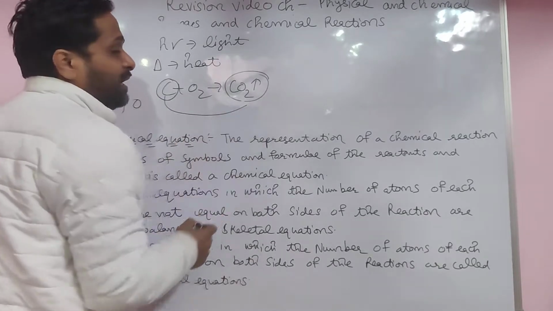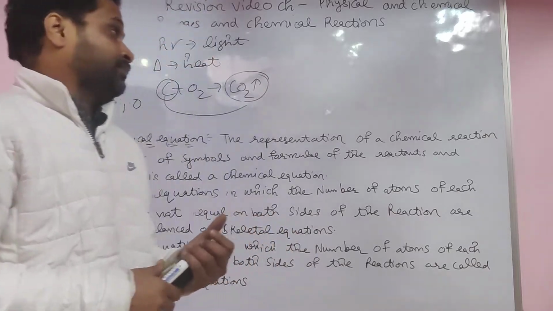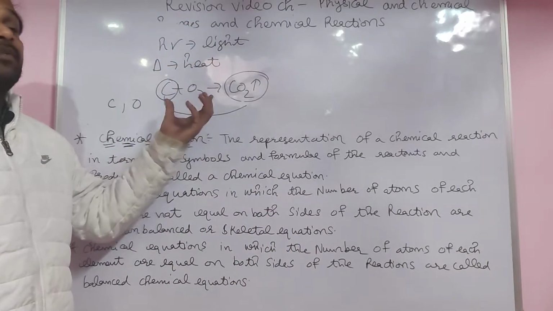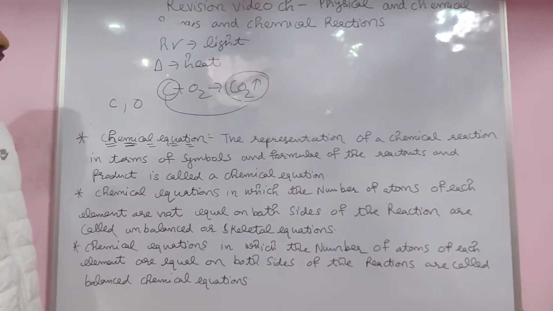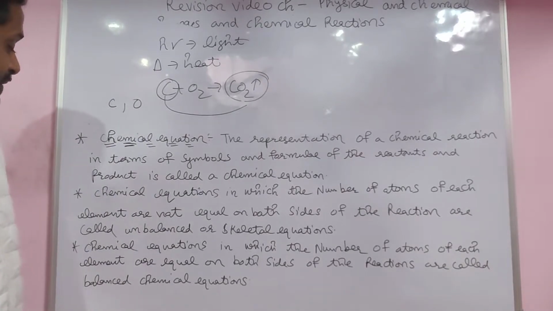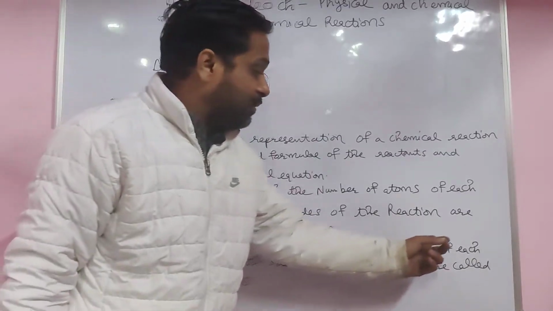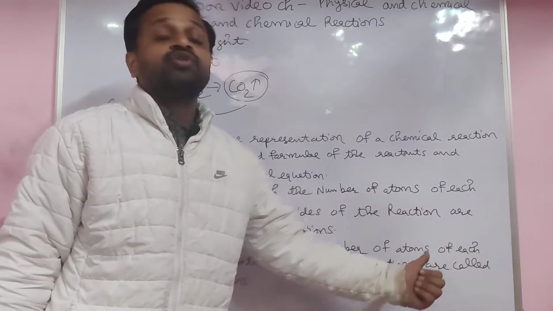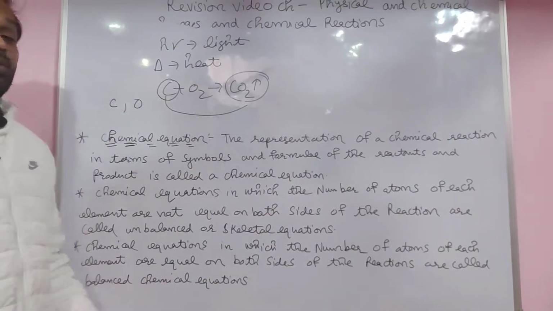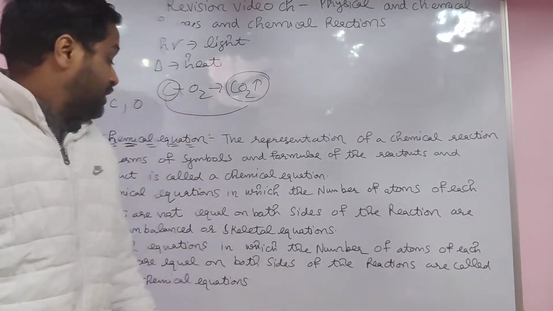The equation is already balanced; the number of atoms on both sides is equal. A reaction in which the number of atoms of each element is equal on both sides, the reactant side and the product side, is called a balanced chemical equation.